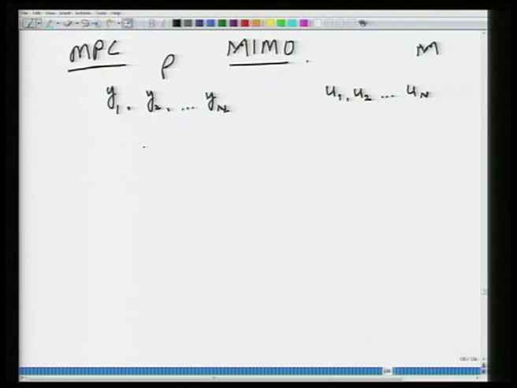Then, if I want to predict y1, meaning y1 predicted at time 1 from now, y1 predicted at time 2 instants from now, and so on, y1 at time p from now, hat indicating prediction.